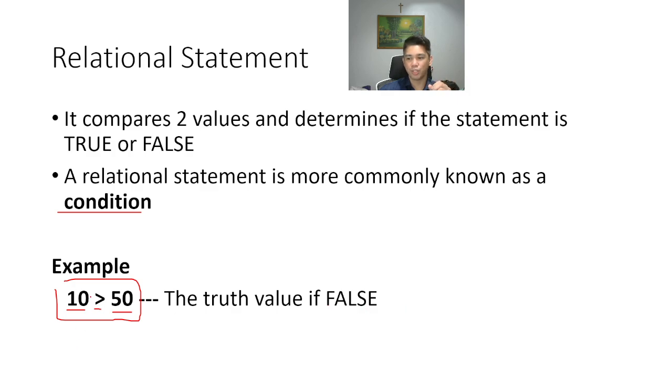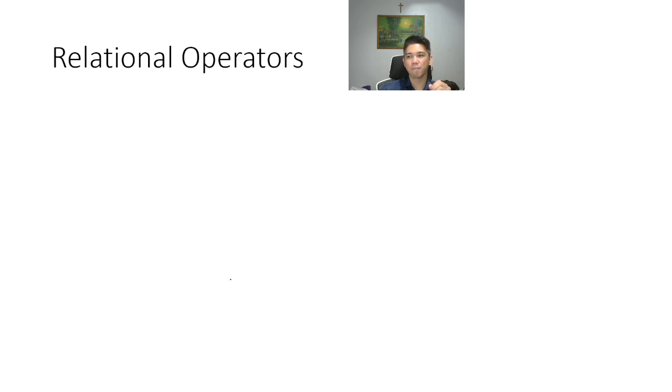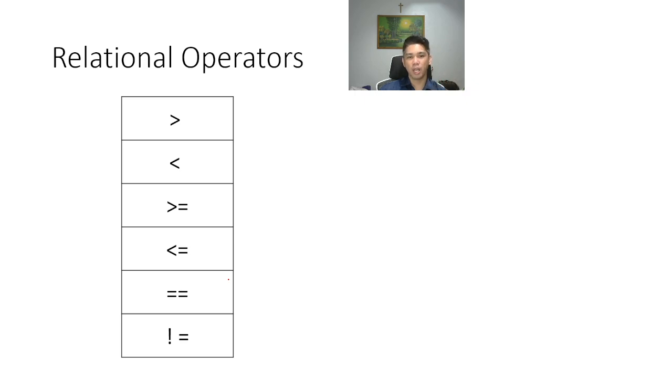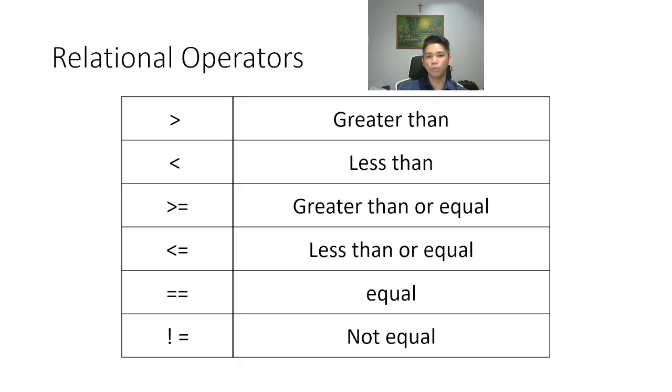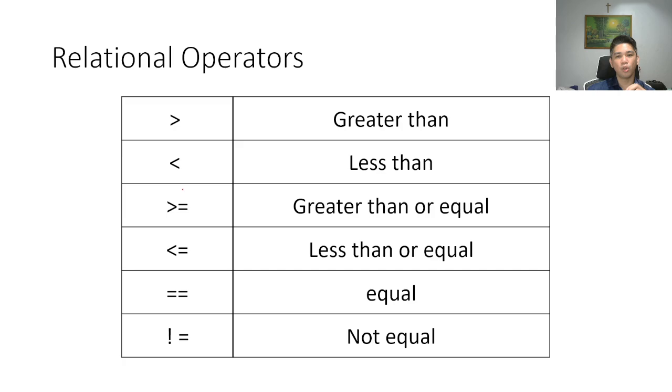But if we change the operator, if we say 10 is less than 50, now the answer to this is true. Now there are other relational operators that we can use. We have the greater than, we have the less than, greater than or equal, less than or equal, we have equal, and not equal.